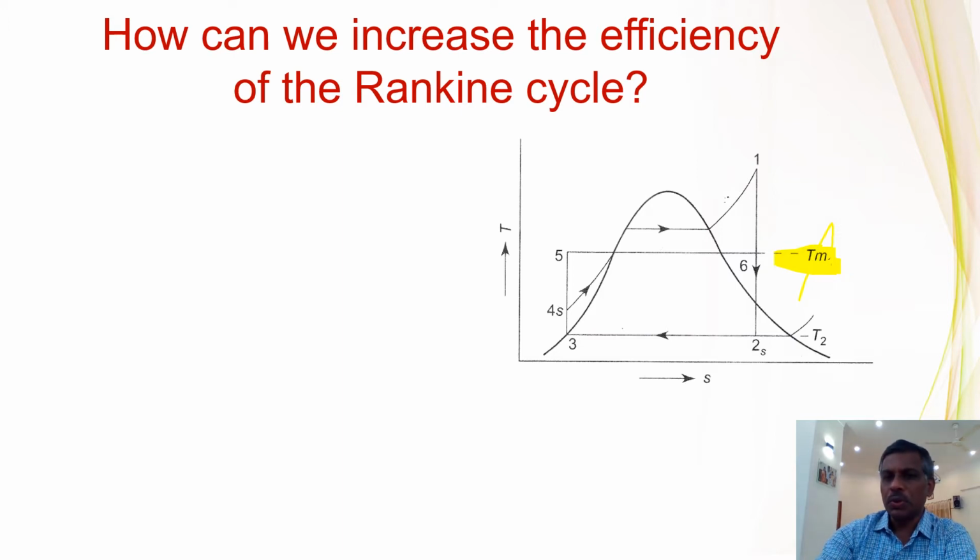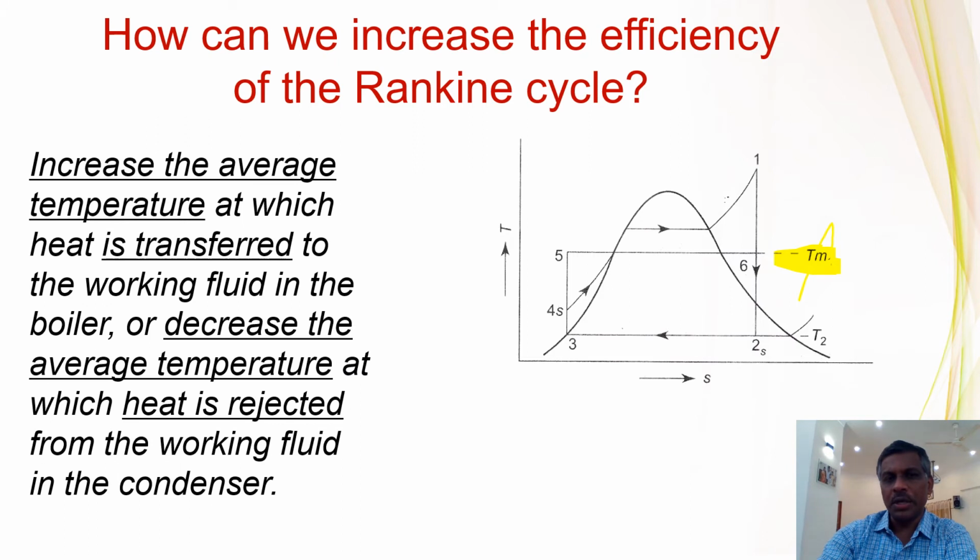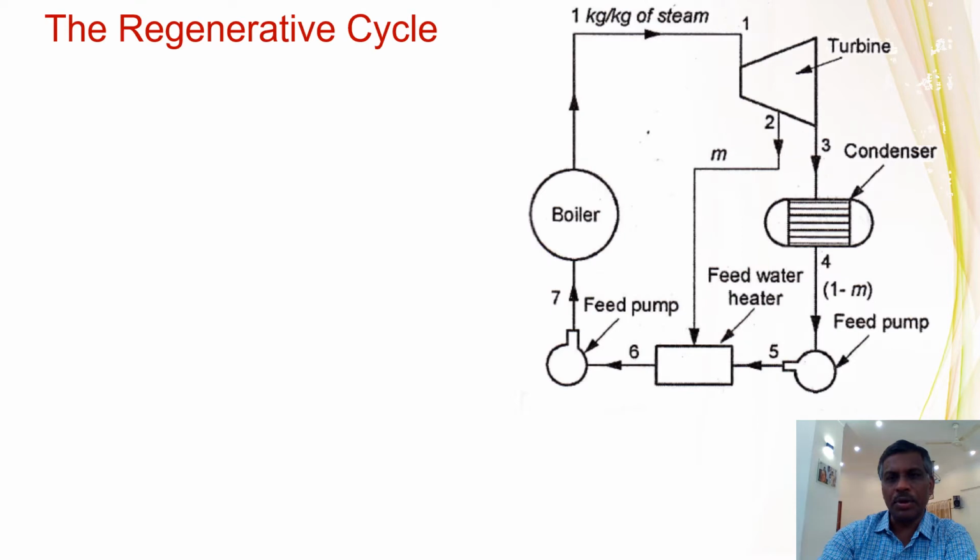So how to improve the mean temperature of heat addition is the concept. Once we did it by reheating. So here we will be talking about how to increase the average temperature of heat addition. So the next method is by regeneration. So we will see about regeneration.